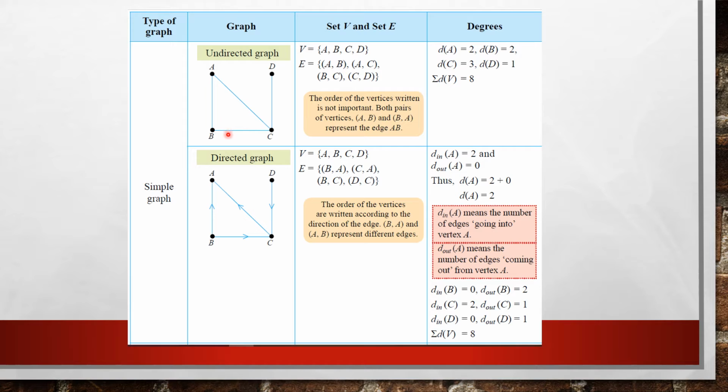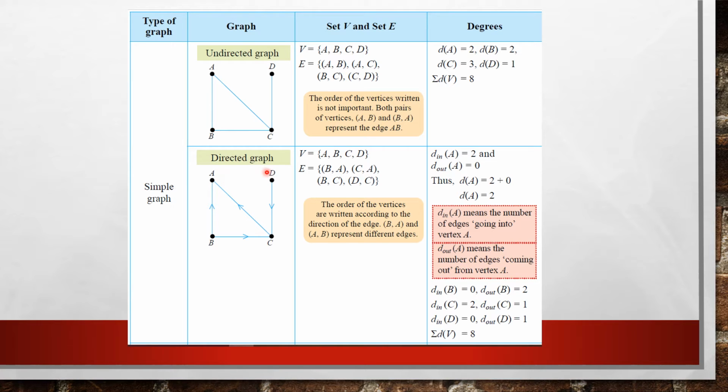Then C, there are 3 lines connecting vertex C. So you can write the degree of C is 3. And for the degree of D, there is only 1 line connecting vertex D. So you have 1. So the total of all the degrees will be 2 plus 2 plus 3 plus 1, which is 8. This is the undirected graph that we looked at before.